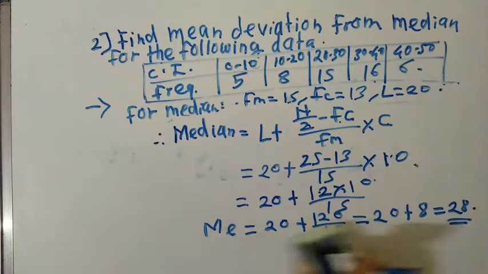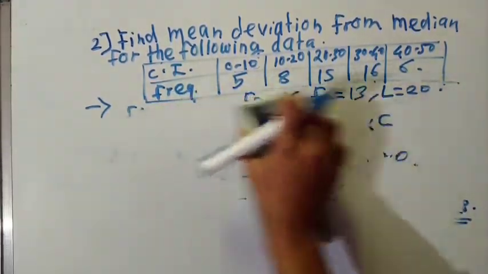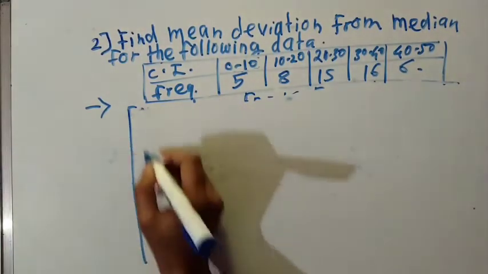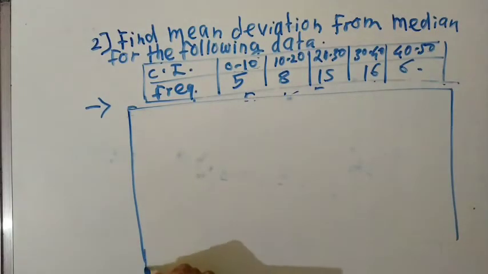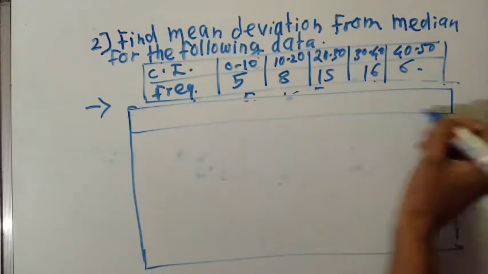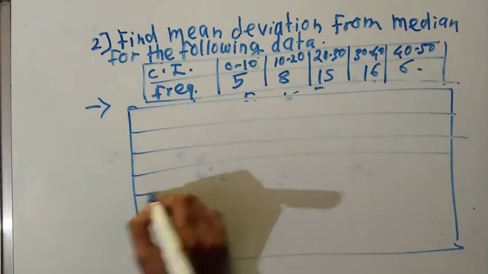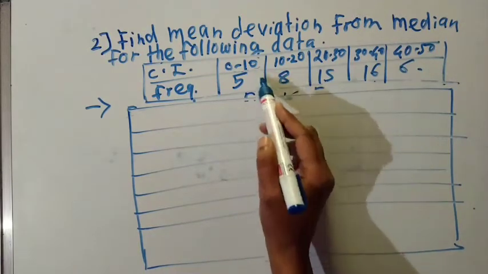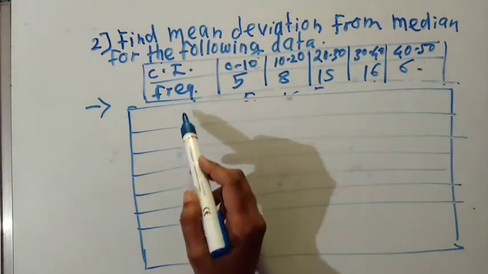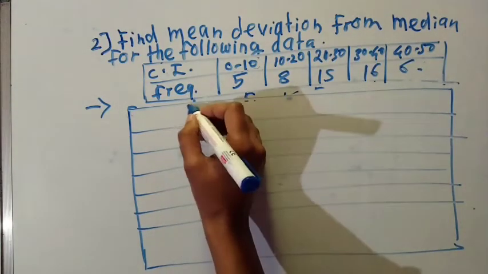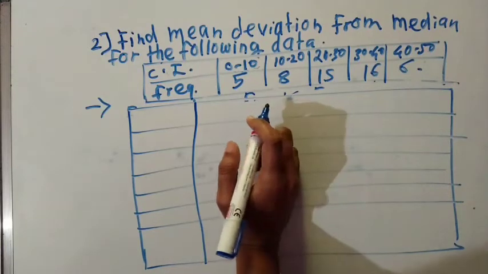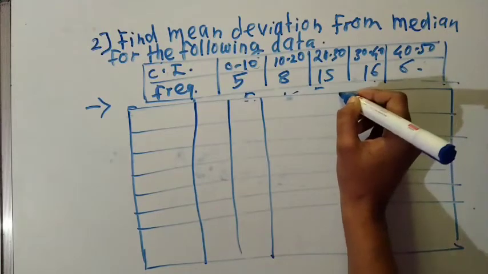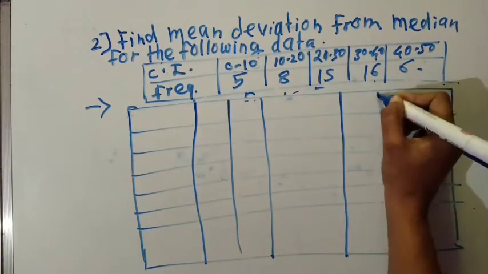Then we draw the chart for mean deviation about median. This is class interval, then xi, fi, then di, then mod of di.